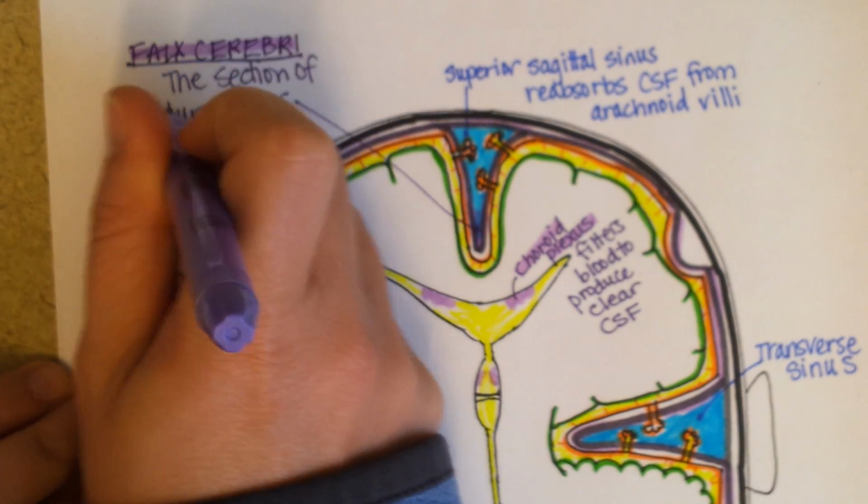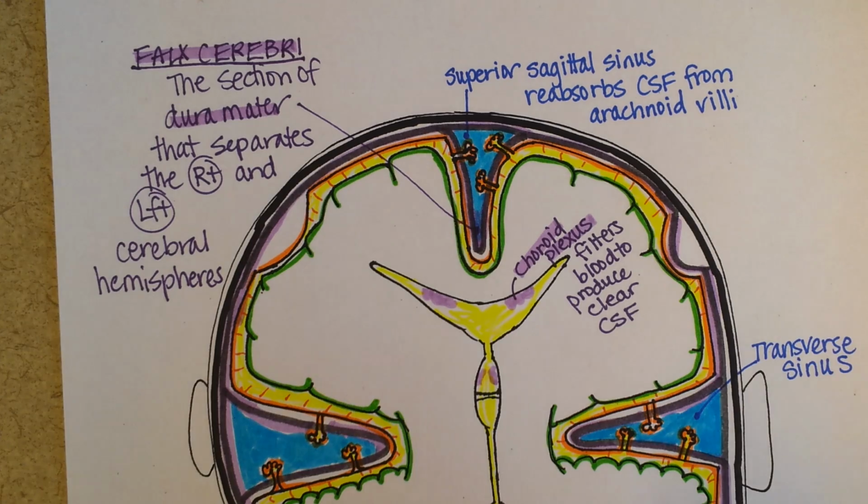So notice that is dura mater. It just is given a special name there called the Falx Cerebri.